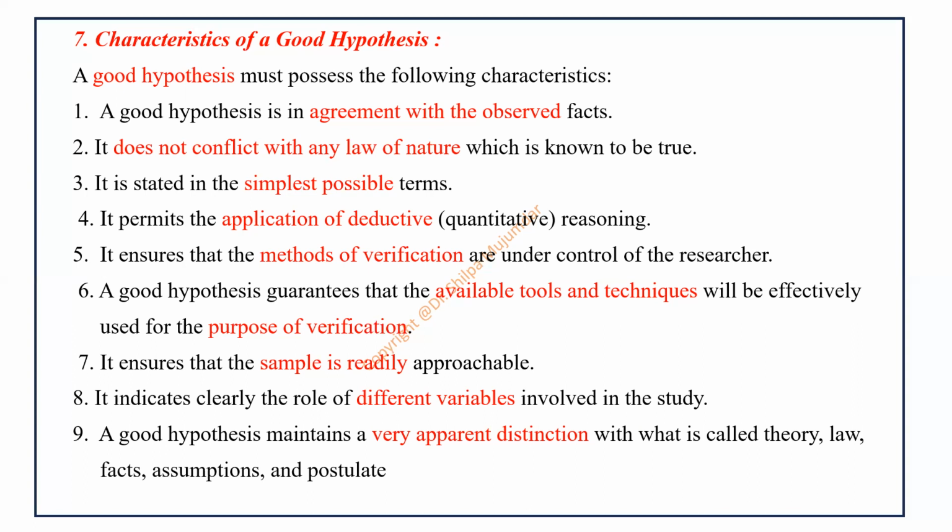If another person does it, the purpose of verification should be possible. Then it ensures that the sample is readily approachable. Whatever sample you select for a particular research should be easily available. Then it also indicates the role of different variables involved in the study.